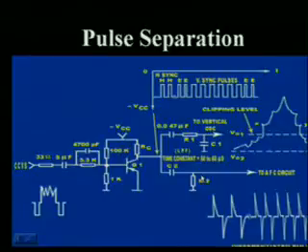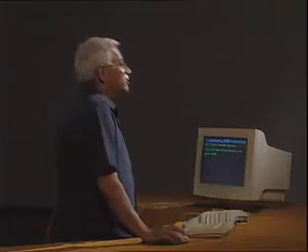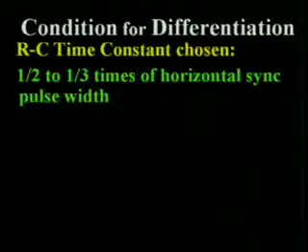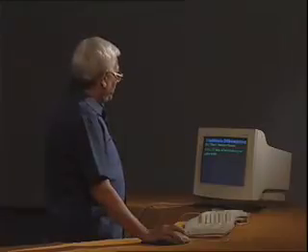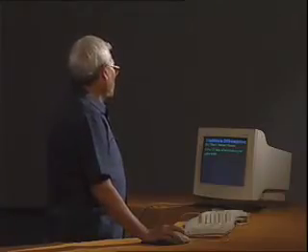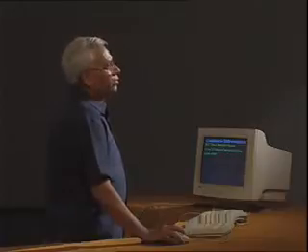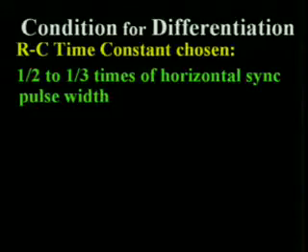What is the condition? The condition is the value of resistance and capacitance, means the time constant. Time constant RC should be 1/2 to 1/3 or less compared to the horizontal sync.